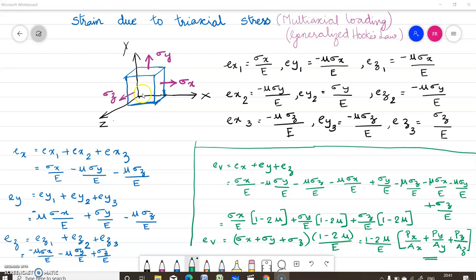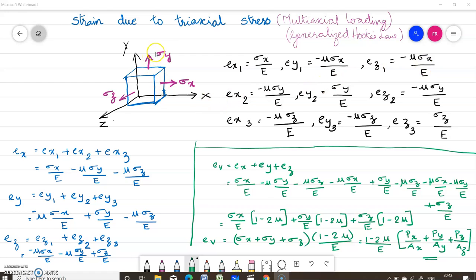You can write the strain in the x direction Ex1 due to stress in the x direction as sigma x by E. Due to this stress in the x direction, there will be reduction in dimension in both the y direction and z direction. So the strain in the y direction due to stress in the x direction is minus mu into sigma x by E. Similarly, the strain in the z direction due to stress in the x direction is minus mu into sigma x by E.